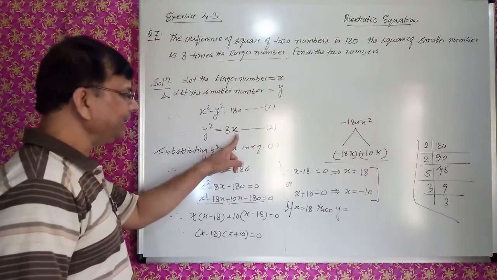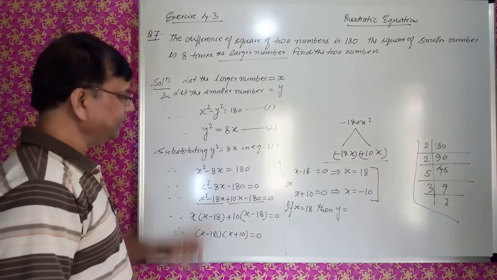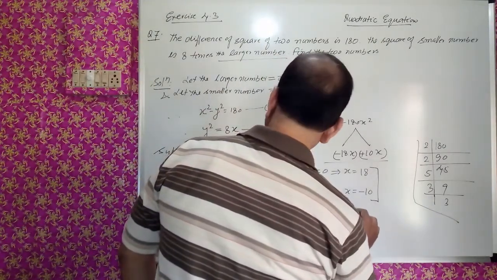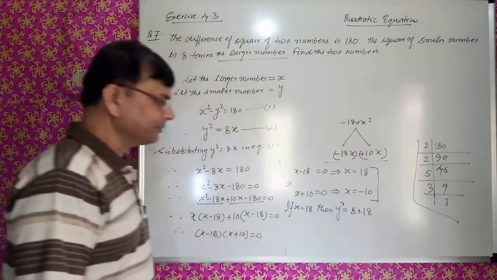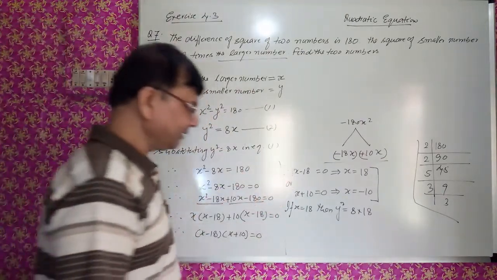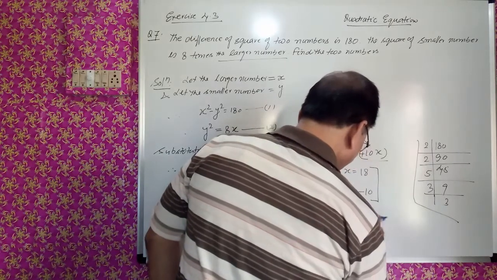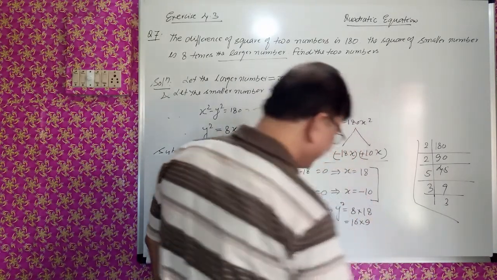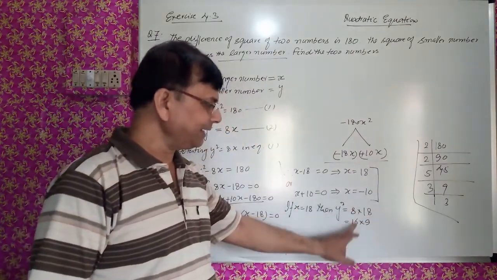If you put x equal to 18 into 8x, we will get y square. Then y square is equal to 8 into 18. So we can multiply this, and this can be written as 9 into 2, 16 into 9. Because it is 9 into 2, 2 can be taken with 8, 16 into 9.